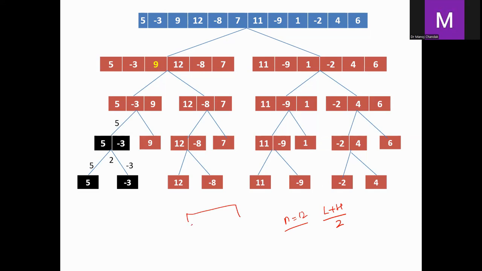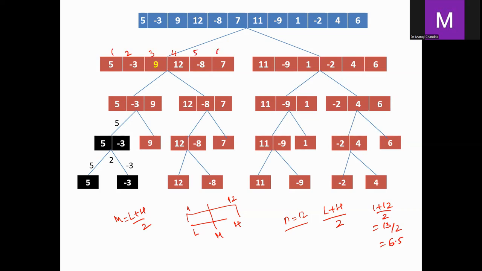If this is the array, the first element is the low pointer and the 12th element is the high pointer. We can cut the array at the mid pointer by running this formula recursively. So it is (1 plus 12) divided by 2, that is 13 by 2, which is 6.5. So the first cut will be at the sixth element of the array.